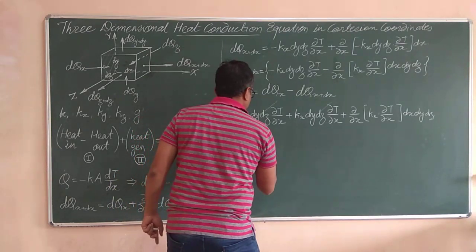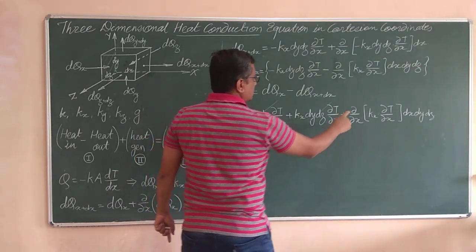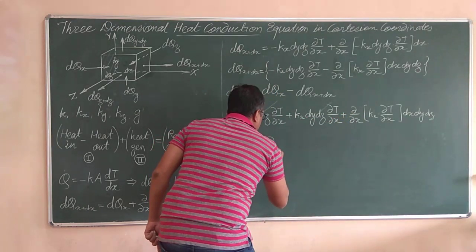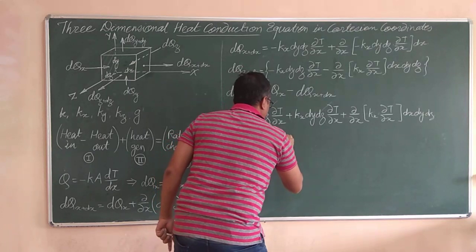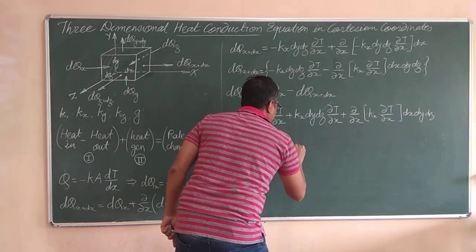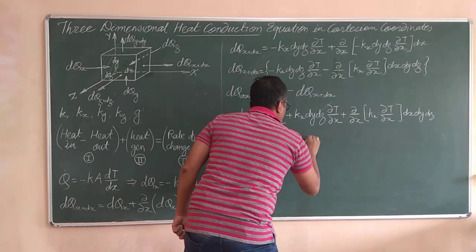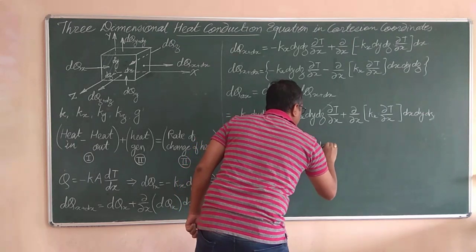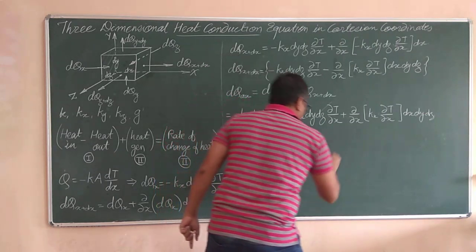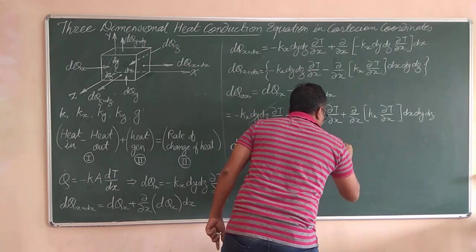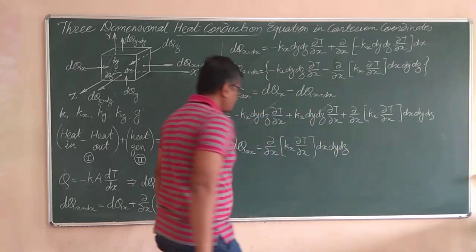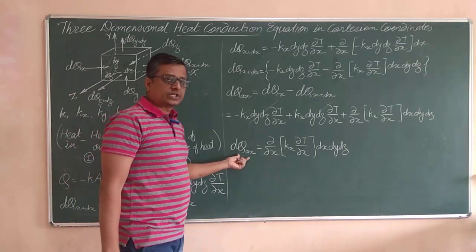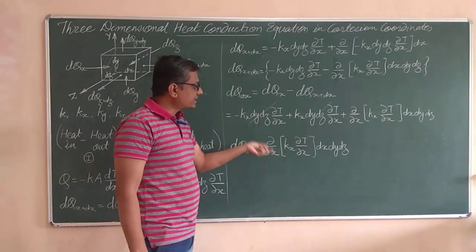It equals only the last term, that is, ∂/∂x of (kx ∂T/∂x) over the volume of dx dy dz. So this is the equation for the heat accumulation due to the heat flow in x direction.